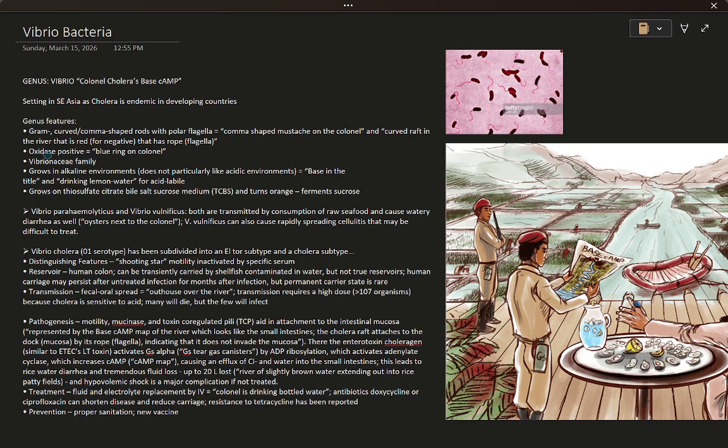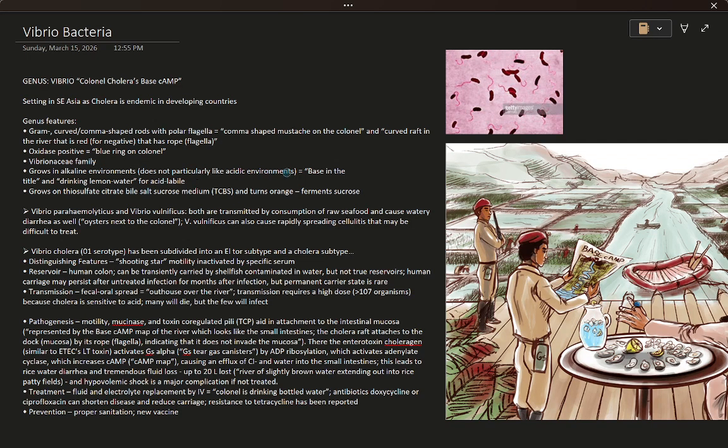And then the bacteria is also oxidase positive. So to remember this, think about the blue ring on the kernel, as shown over here. So these are members of the Vibrionidae family, and they actually grow in alkaline environments because they do not particularly like the acidic environments.